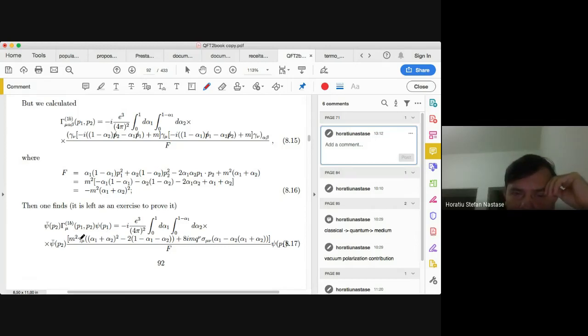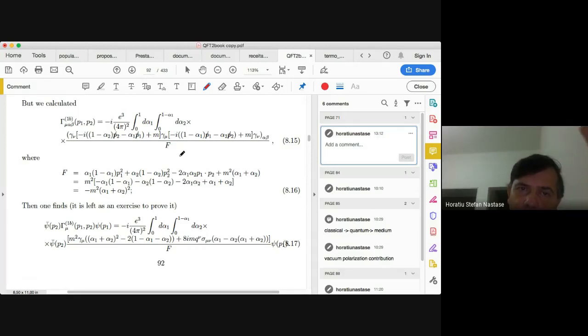But anyway, it's some algebra that simplifies these various gamma matrices to just two. There is a gamma mu term, and there's a term with sigma mu nu, the commutator of gamma matrices, times some number, multiplied with q nu.